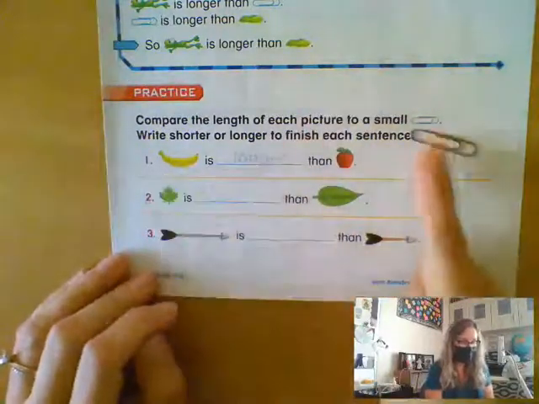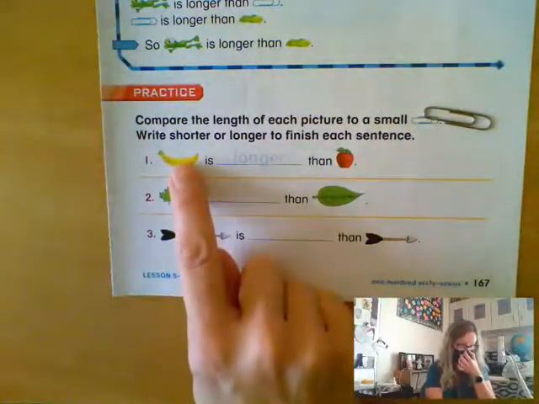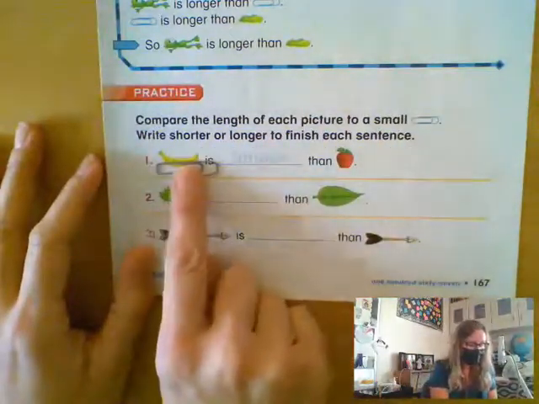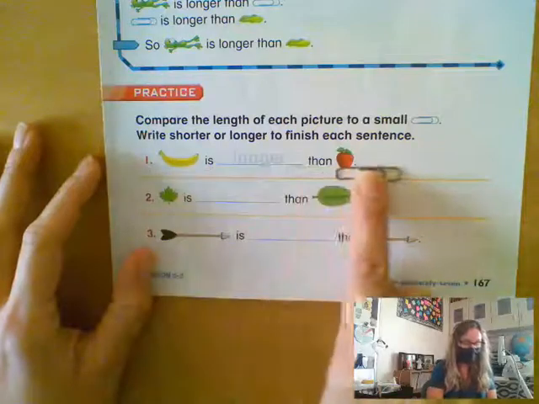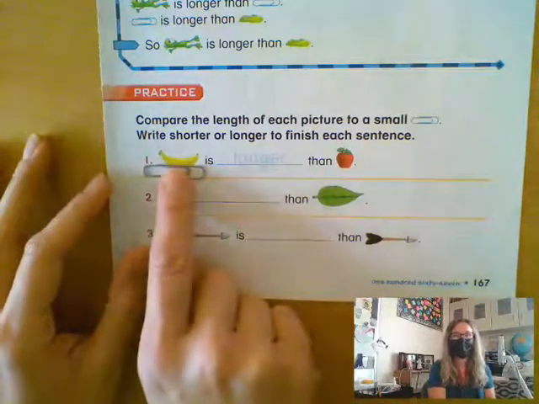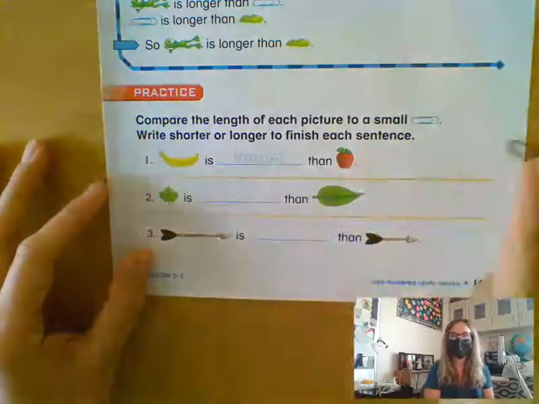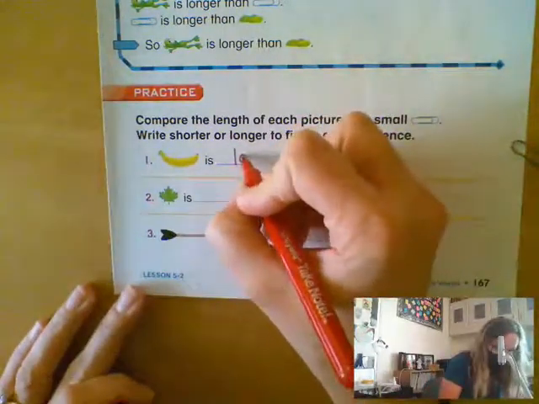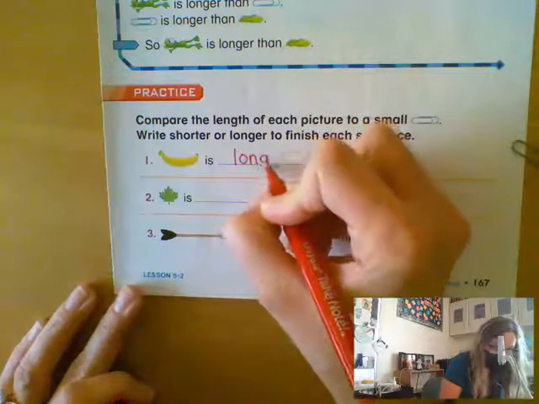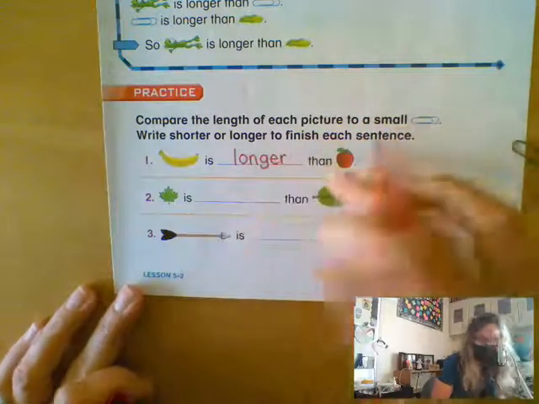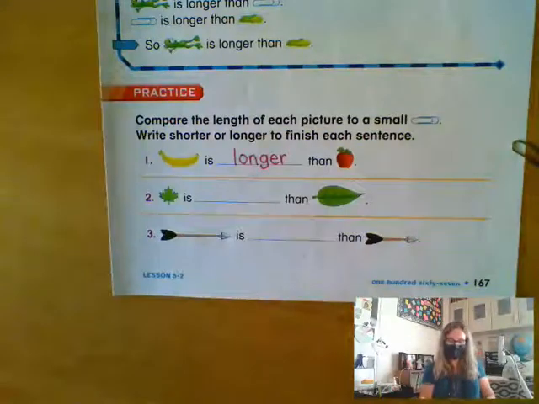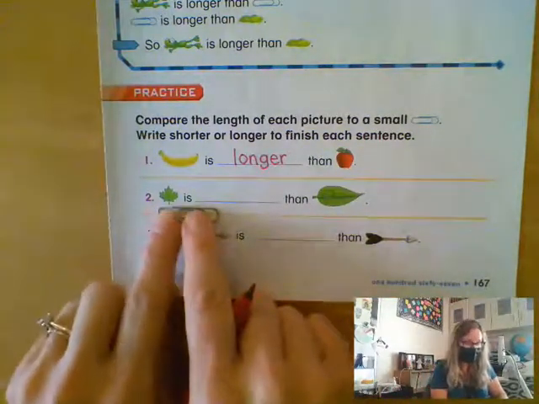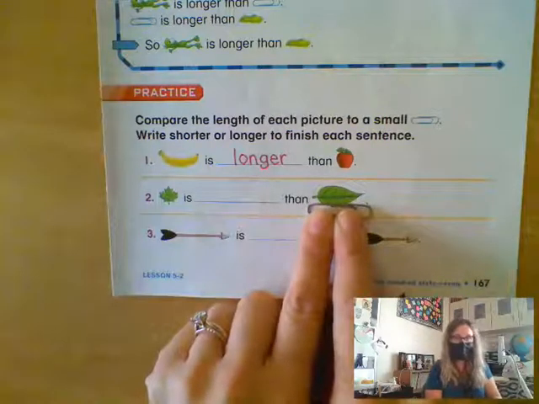All right, so let's think about a banana and an apple. Using the paper clip, do you think that the banana is longer or the apple is longer? Victoria? Banana. The banana. So they wrote the word longer. So go ahead and trace that. The banana is longer than the apple. All right, now let's use our paper clip and we'll see here. Okay, there's that leaf. And now, oh, look at that one.